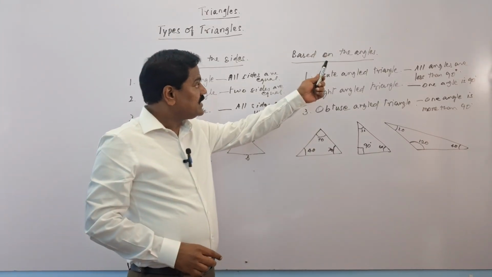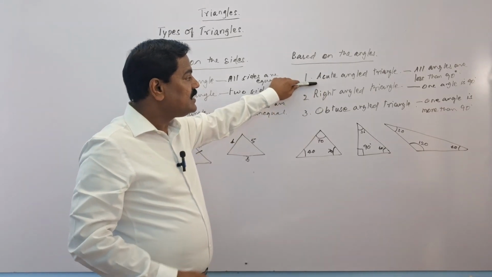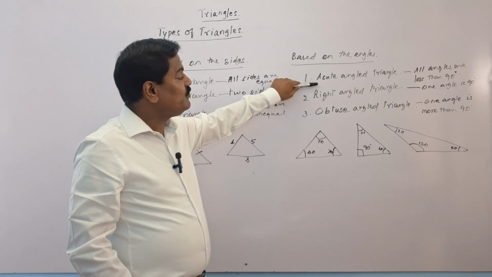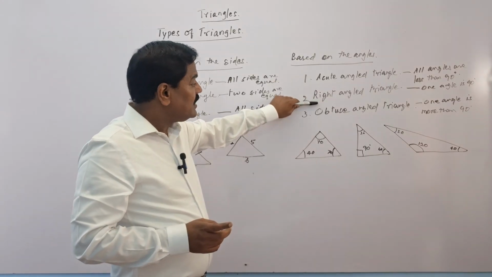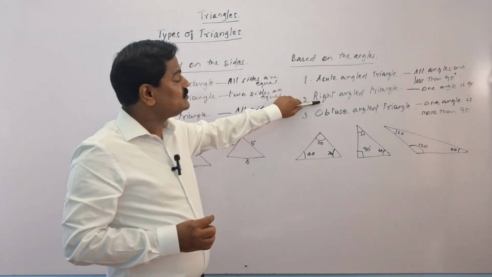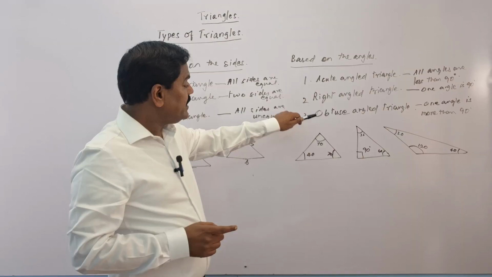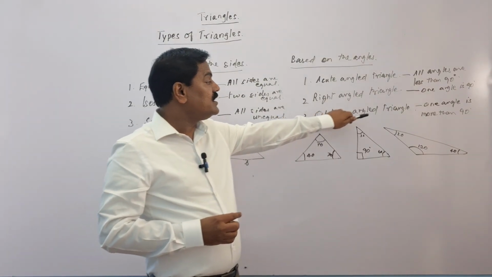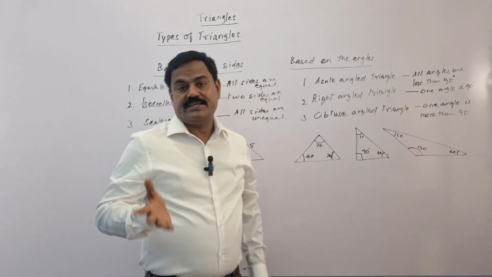And based on the angles: acute-angled, where all angles are less than 90 degree; right angle, where one angle is 90 degree; and obtuse angled, where one angle is more than 90 degree.